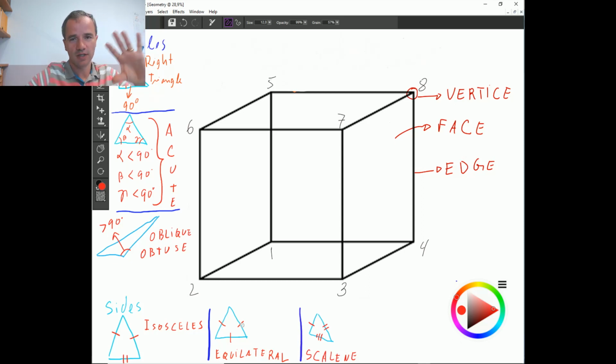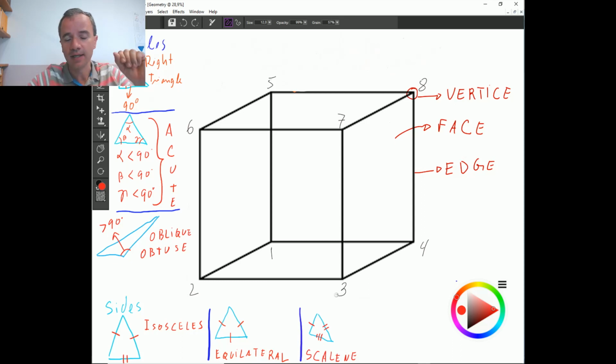If you just divide it with triangles, all of those 6 triangles, each one of those is going to be an equilateral triangle.